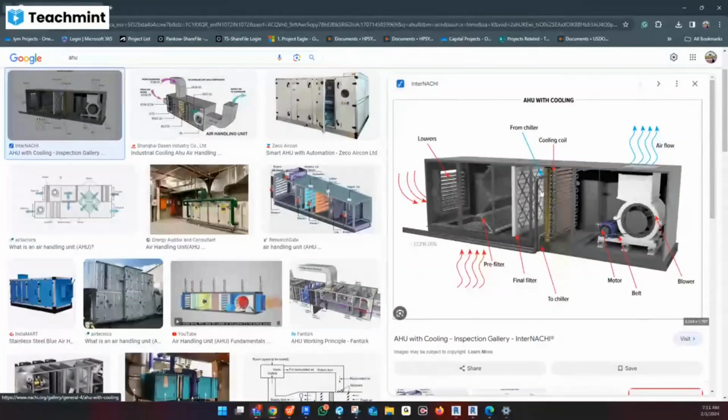Did you see these gray pipes? This is coming from the chillers. If it's a cooling coil, it means the cold water is coming from this chiller and connects with this one. And if this is a heating coil, it means they turned off the valve from the cooling coil and the hot water will flow.